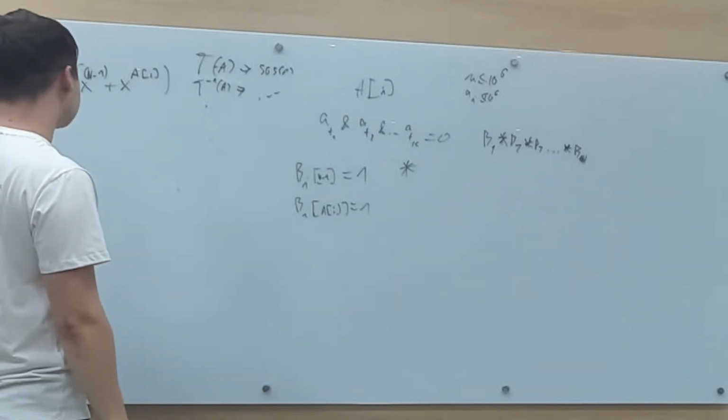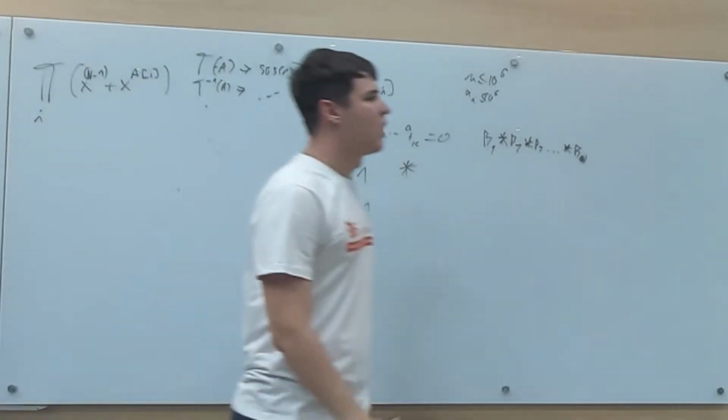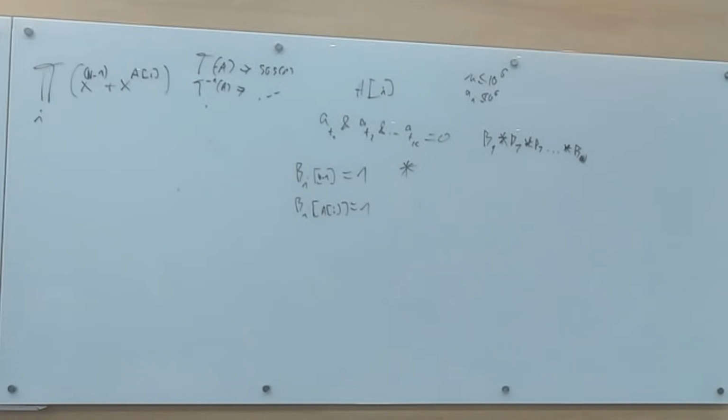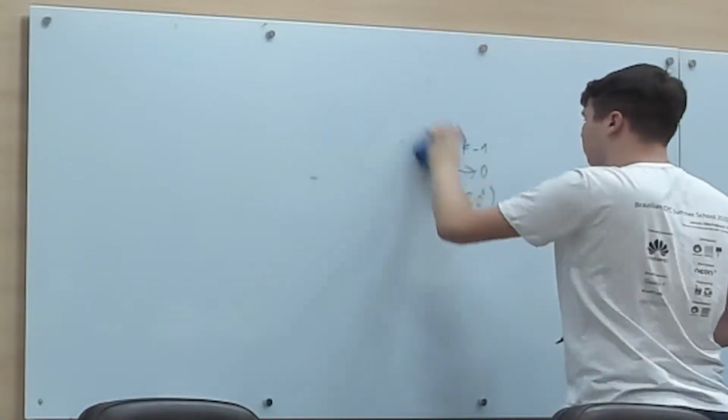Okay, so how do we actually take the AND convolution?